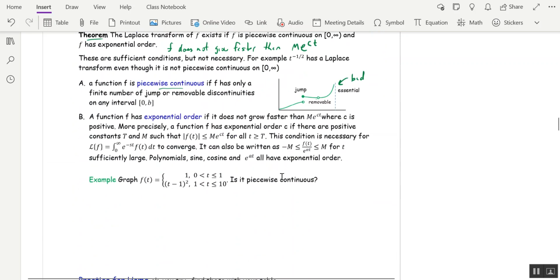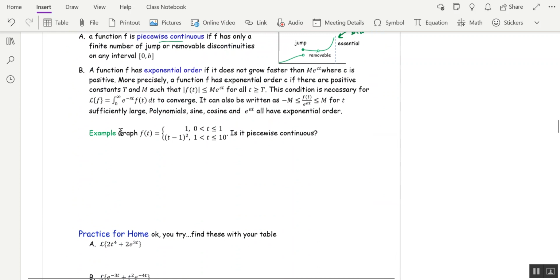All right, just one more easy thing here before I let you loose. We're just going to graph this function and determine if it's piecewise continuous. We'll determine it from the graph. So from 0 to 1, the function is 1, and it's an open dot at 0, straight line at 1, fill in the 1. Then from 1 to 10, it looks like a parabola. And when t is actually 1, this would be 0.